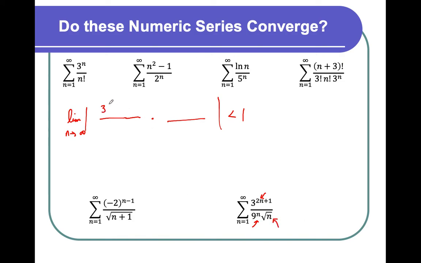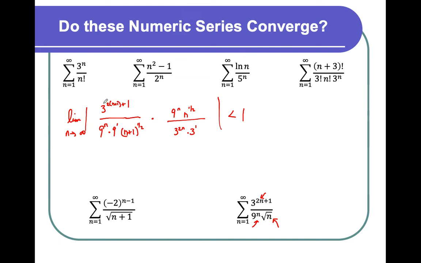So I have 3 to the 2 times n plus 1 plus 1, 9 to the n plus 1, which I'm pretty sure I should write like this, and then n plus 1 to the 1/2. And then I'm going to multiply that by the reciprocal of my original. Ooh, look at what I'm doing here. See what's going on there?